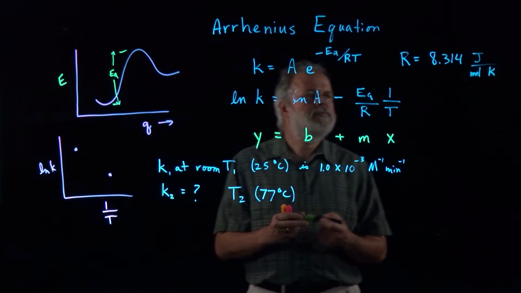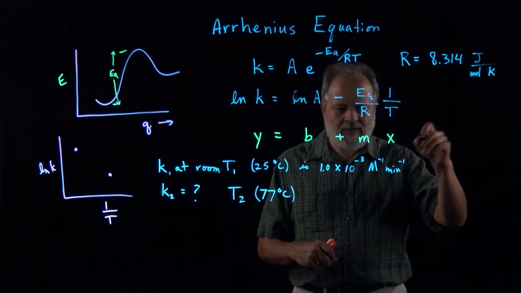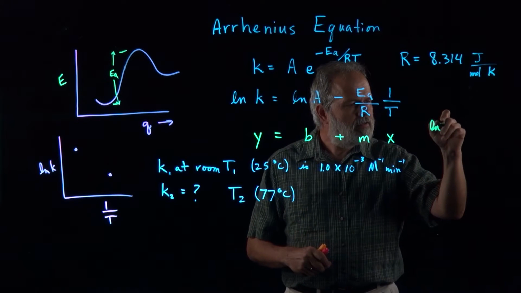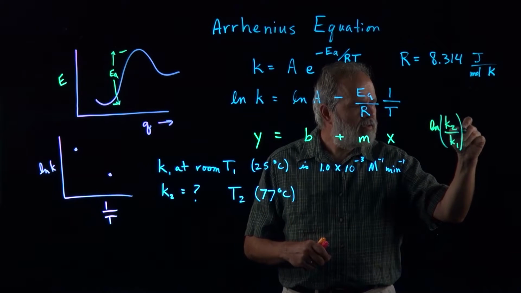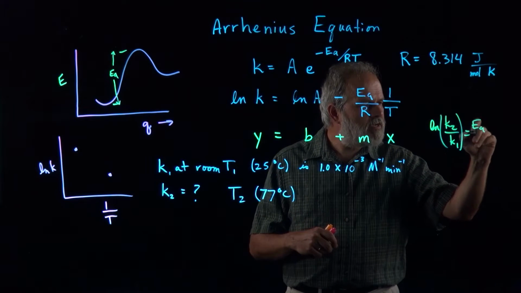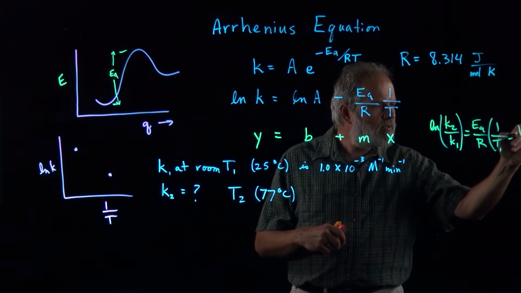So the two-point formula is going to be log of K2 over K1 equals activation energy over R times 1 over T1 minus 1 over T2.